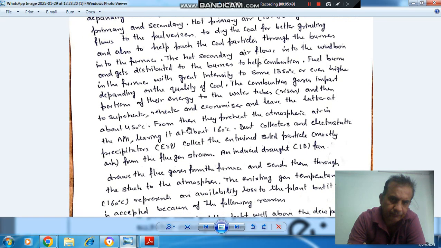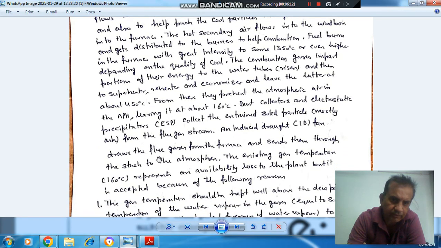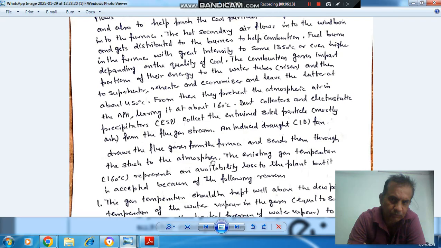From there, they preheat the atmospheric air in the air preheater, leaving it at about 160 degrees Celsius. Dust collectors, electrostatic precipitators, collect the entrained solid particles, mostly ash, from the flue gas stream. An induced draft fan draws flue gases from the furnace and sends them through the stack to the atmosphere.